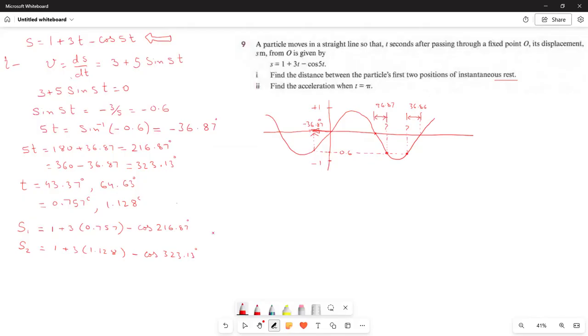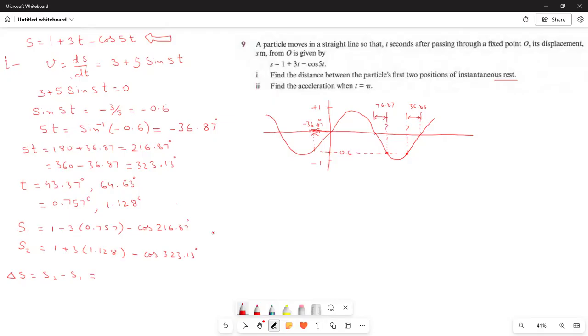So the distance between these two instances, let me call it delta S, I will call it S2 minus S1. And these both values are going to be 0.8, so they will cancel with each other, and one will also cancel from here.